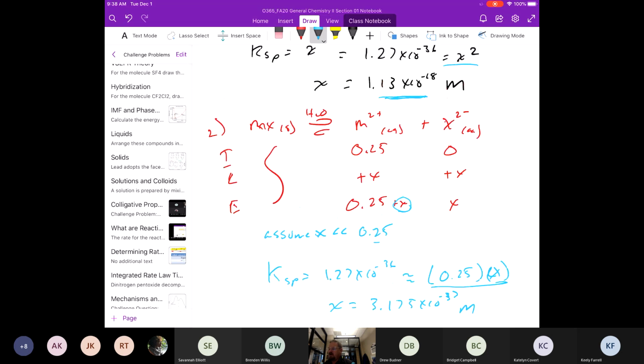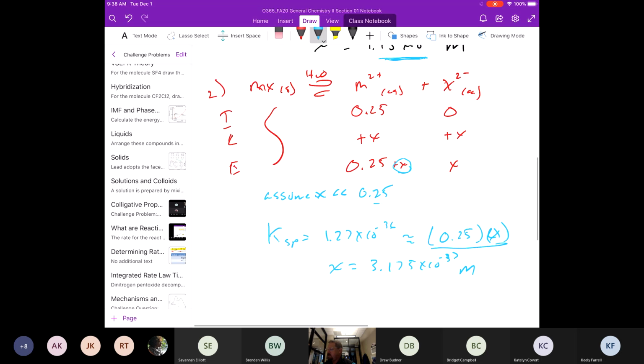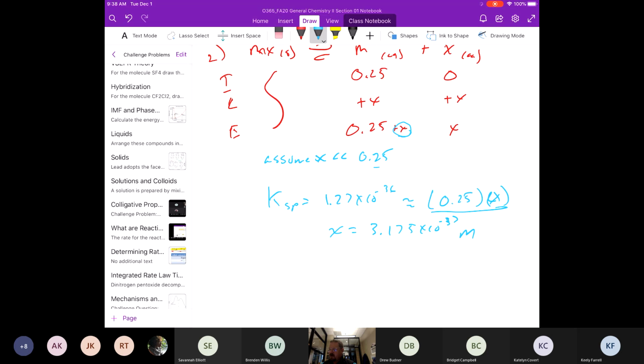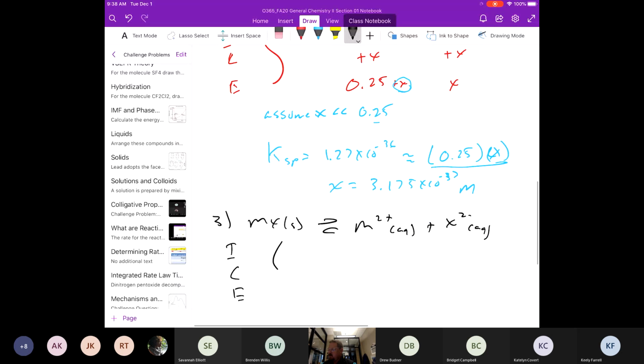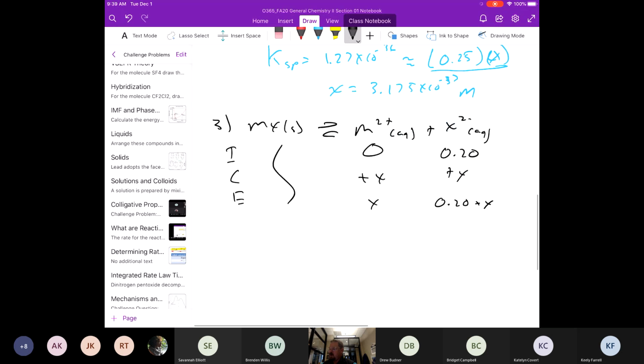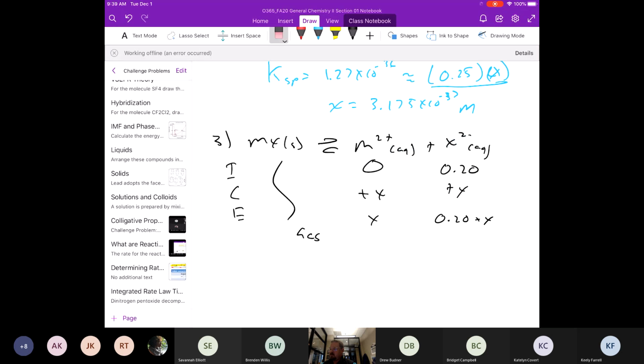And the approach for the last one, number 3, would be the same. We would just change this. So if we looked at number 3, now our initial concentration here would be 0, and here would be 0.20. We would still be going in this direction. Again, we can assume X is much less than 0.2.